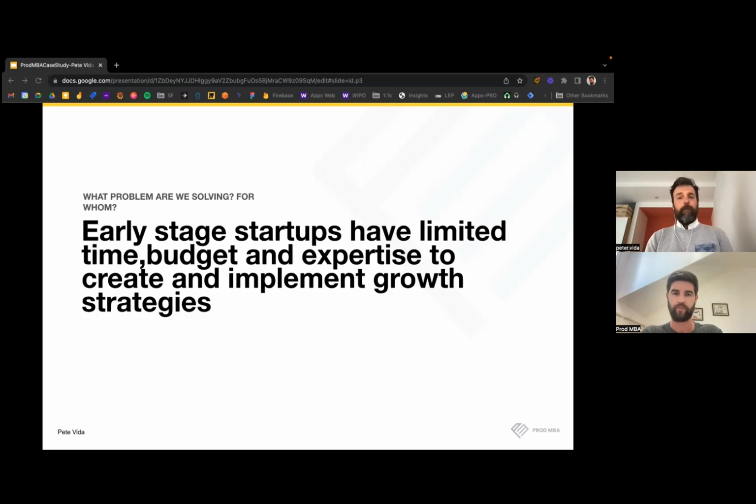I have to be very honest as well that I came into this Product MBA very focused on a solution, and just for context, when we applied for the Product MBA, that was the release of ChatGPT and the GPT-3 model and all the generative AI boom.